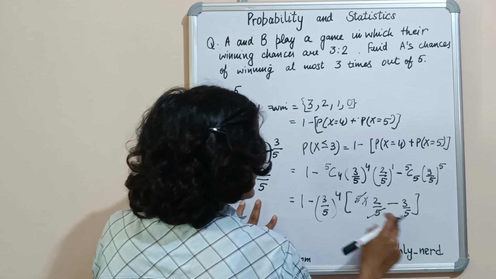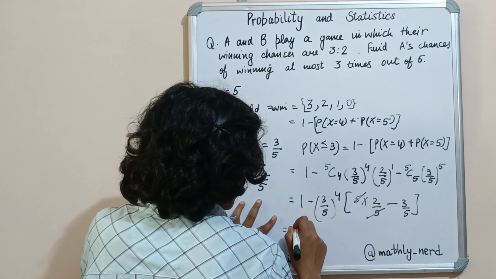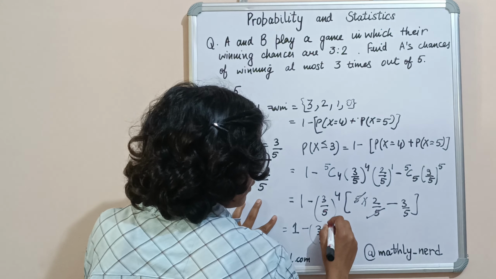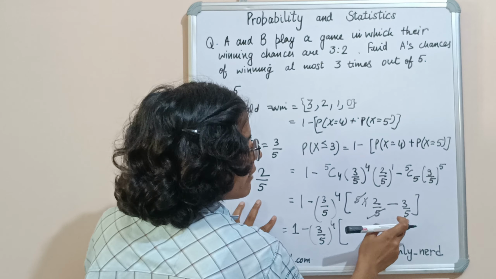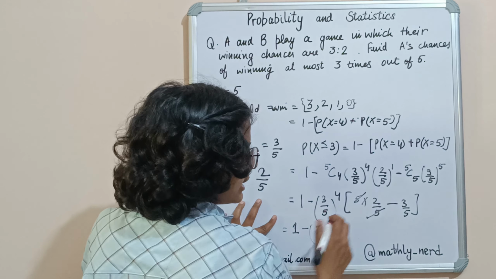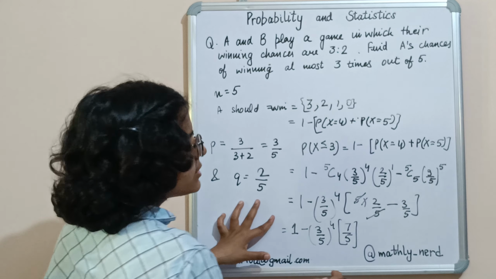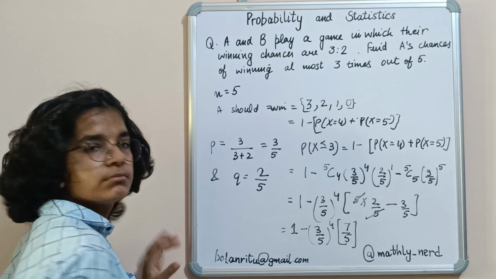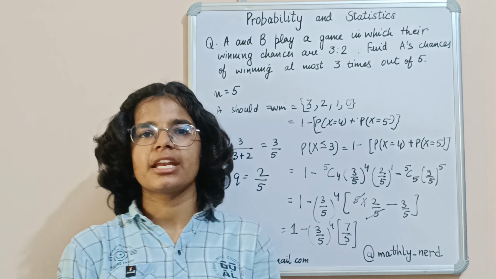So this is 2 minus 3 by 5, that is 1 minus (3 by 5) raised to the power 4 into (2 minus 3 by 5). If we take 5 as LCM, 5 times 2 is 10, 10 minus 3 is 7 by 5. This is our answer. We can also calculate it further. That's all, and we will meet in our next lecture.